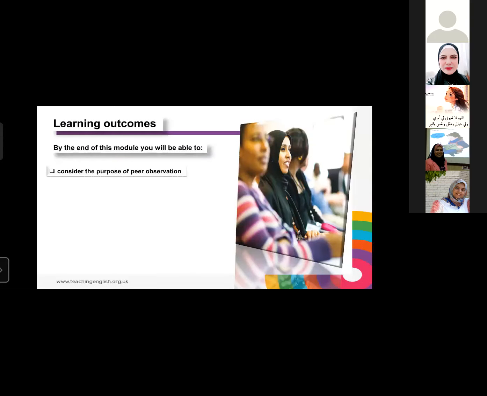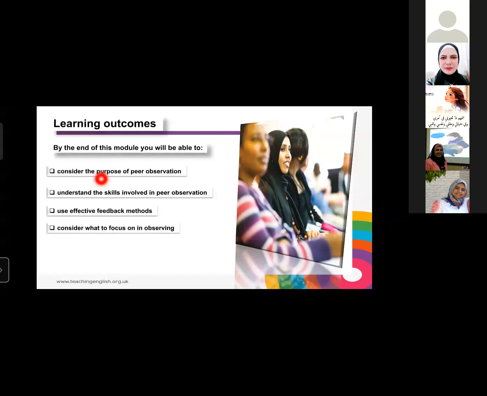The second objective is to understand the skills involved in peer observation. To be able to observe others, should we have some skills? Of course, yes, we should have some skills, and this is what we are going to do together. And use effective feedback methods.